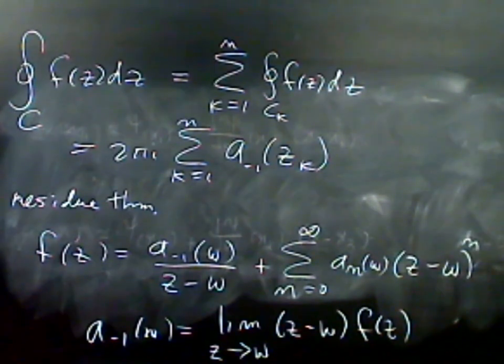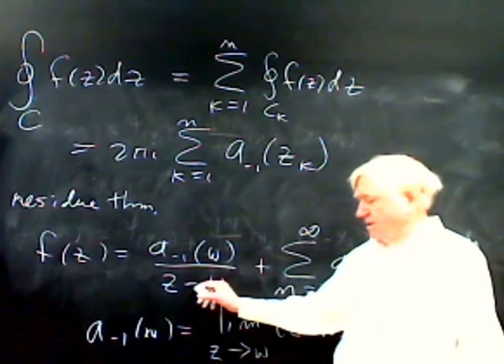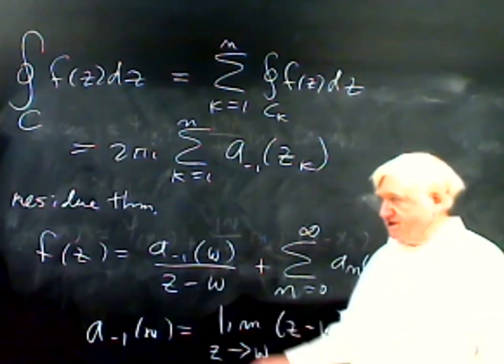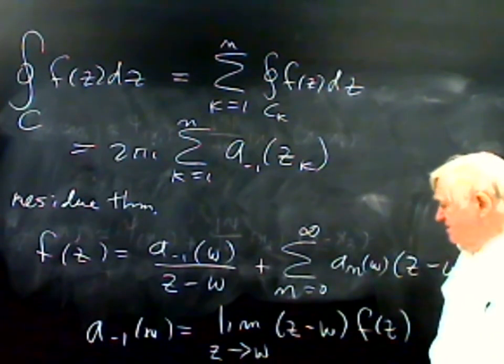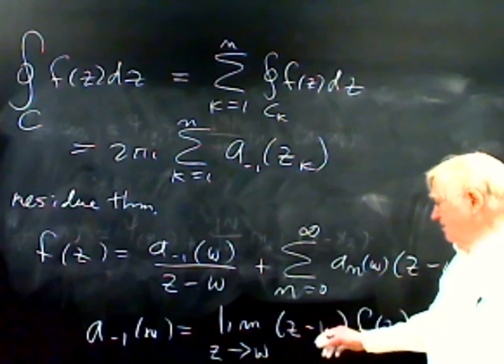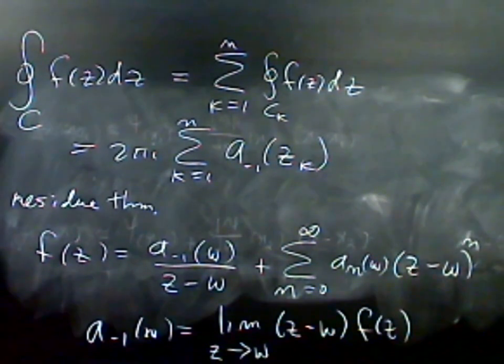So in other words, if you know this function and you know it has a simple pole at some place, then you can find the residue very simply. You just multiply by z minus w, in this case, and take the limit. And that's obviously easier than doing the integral around the loop and dividing by 2 pi i.